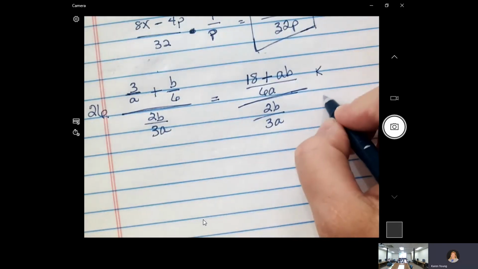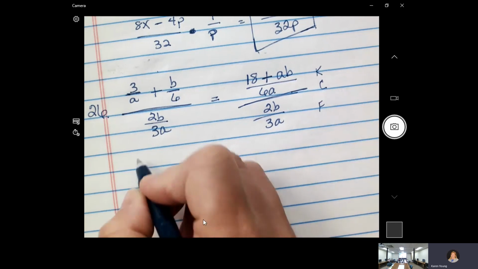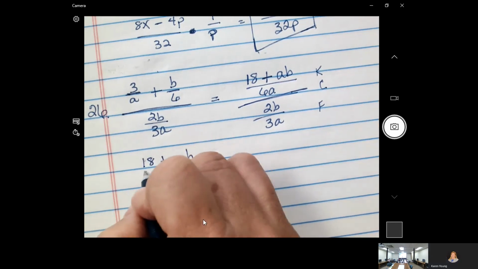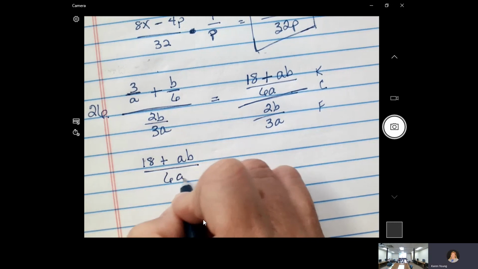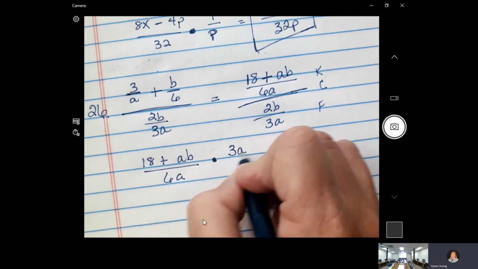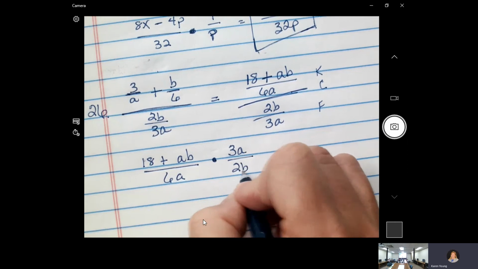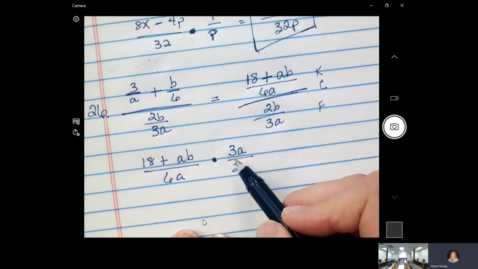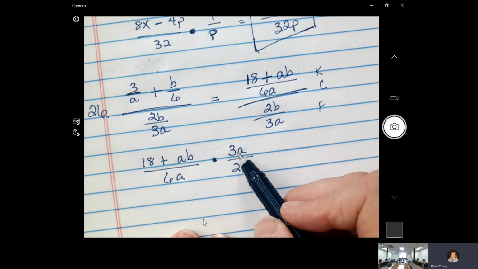Again, I'm going to do my keep, my flip, and my change, times 3 over a. Now, remember when we're multiplying fractions?